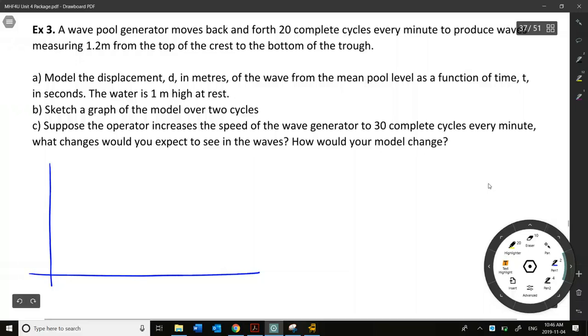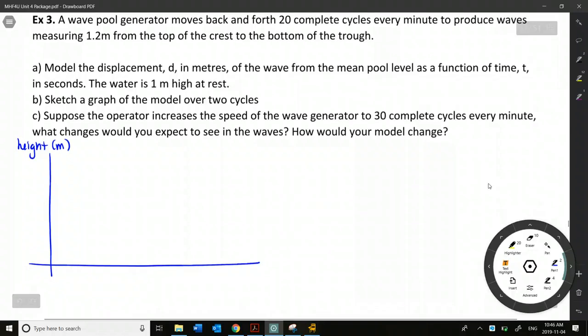Okay, so what is y representing here? Height. Good. Height in meters versus time in seconds. Maybe I'll extend this a tiny bit here, just in case.